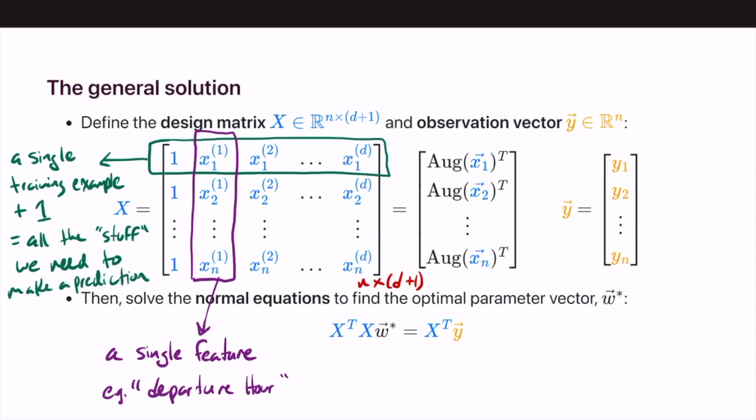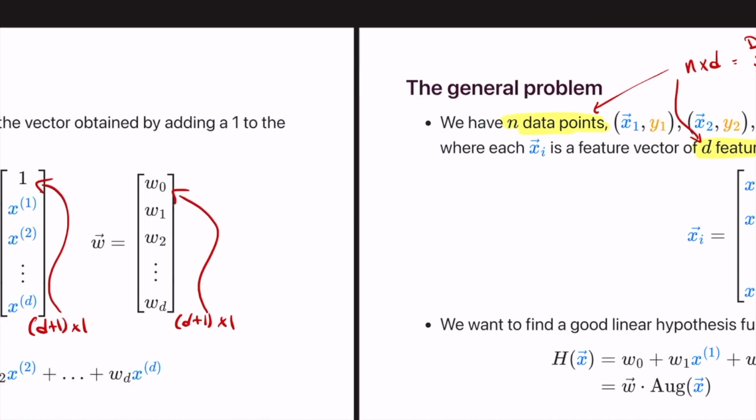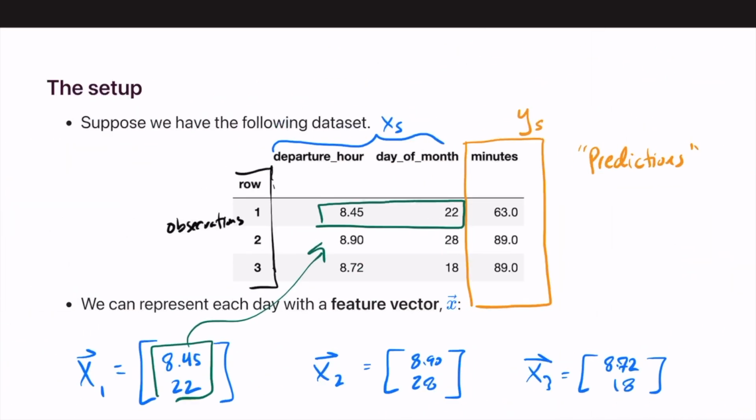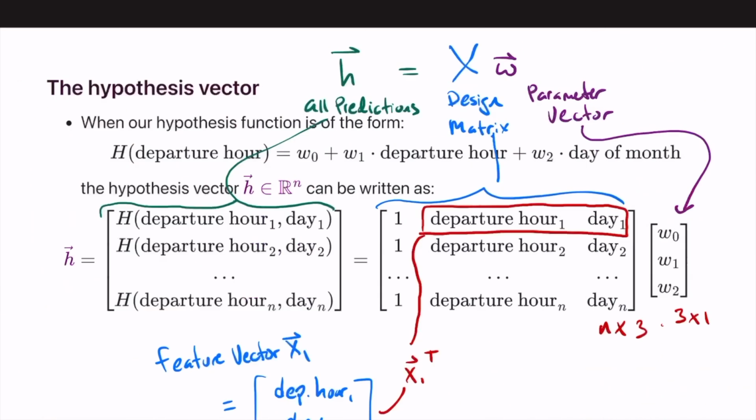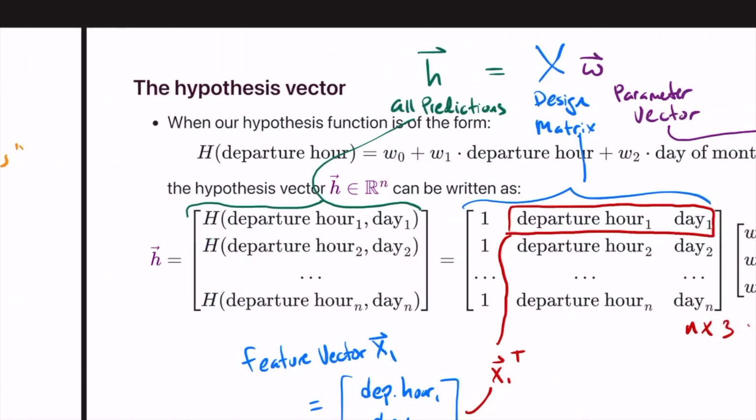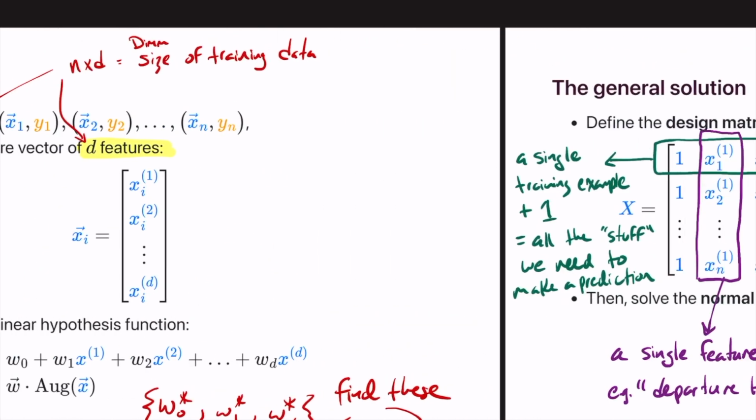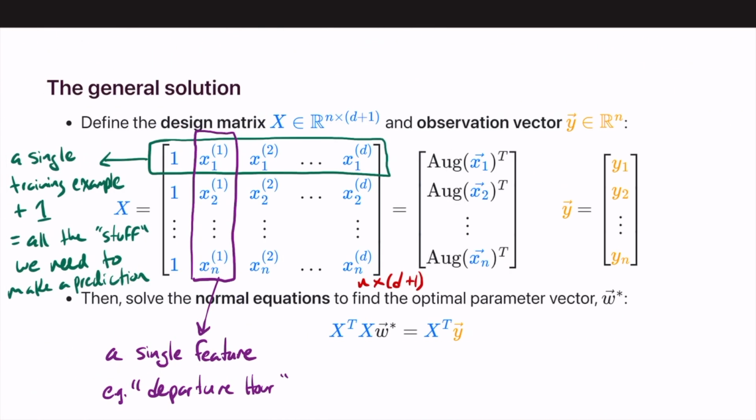Okay. And so by designing the design matrix, as well as providing it in terms of augmented feature vectors that are transposed, because again, remember, this is a vector of augmented feature vectors where each feature vector is transposed, because feature vectors by themselves look like this, and so they're columns, and we need to have a list of them, or a vector of them.